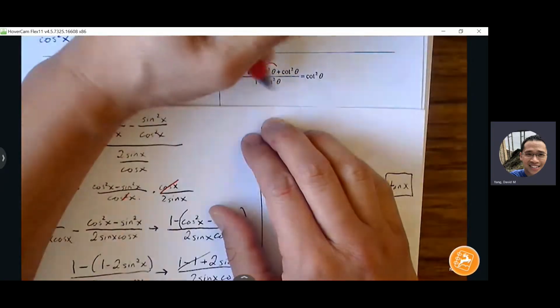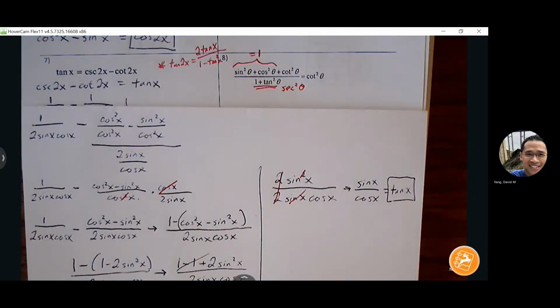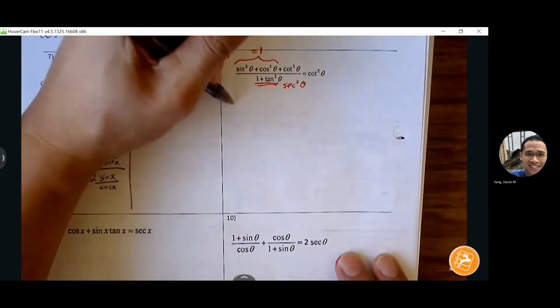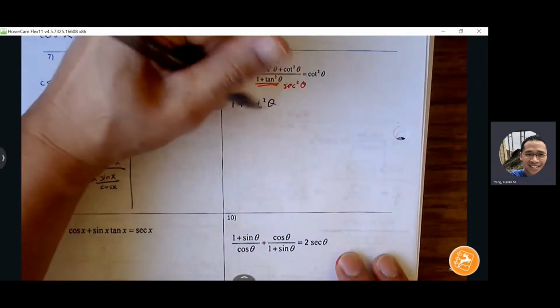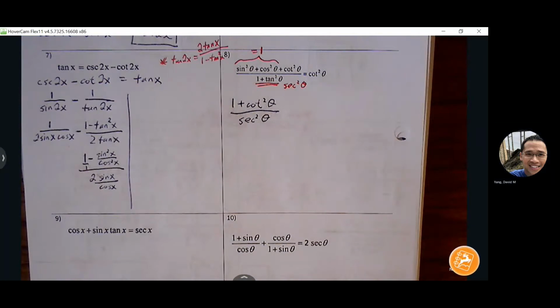Secant squared, right? What else do you see? Or what are you guys thinking?